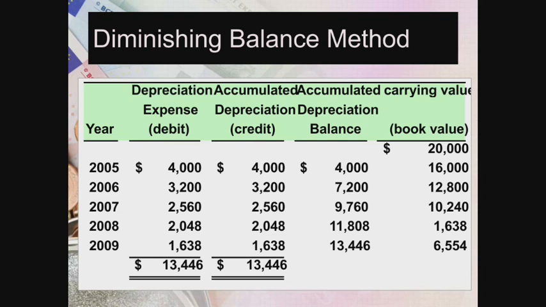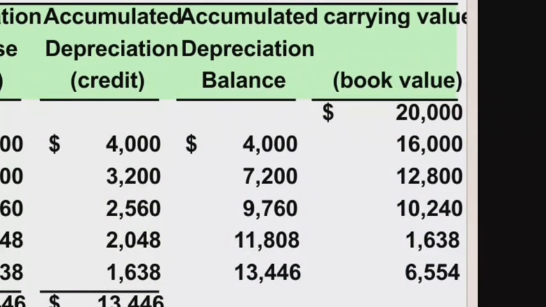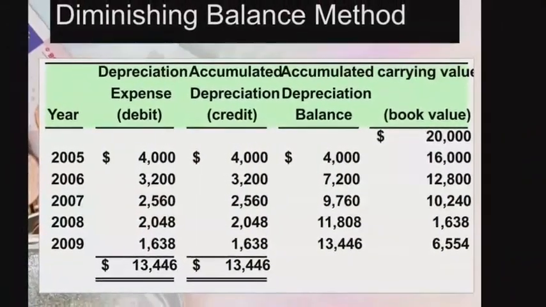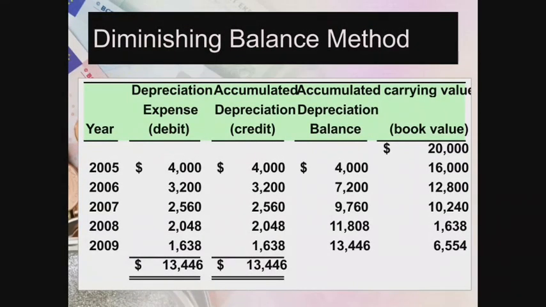So accumulated depreciation became $9,760, and the carrying value is calculated under the same mechanism, cost of an asset minus accumulated depreciation. Our cost of an asset is 20,000 and accumulated depreciation is 9,760, and our carrying value became $10,240, and so on. And the last year the carrying value is 6,554. So here we discussed our straight line method and diminishing method.